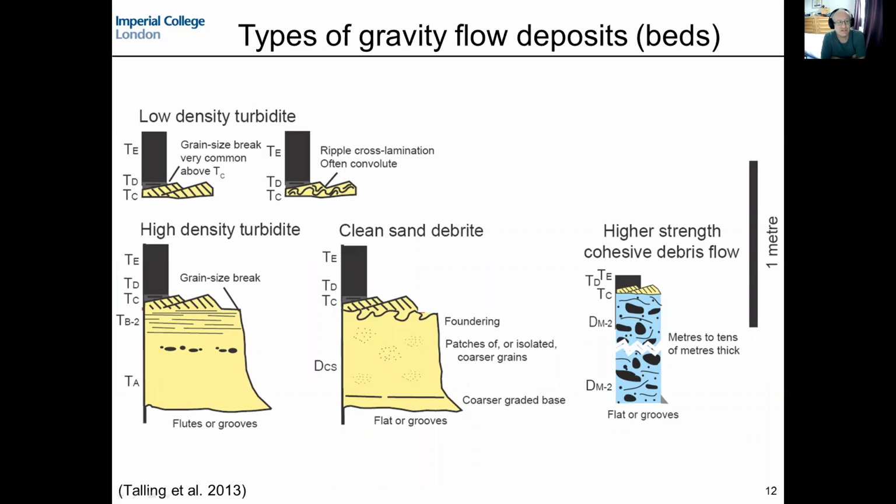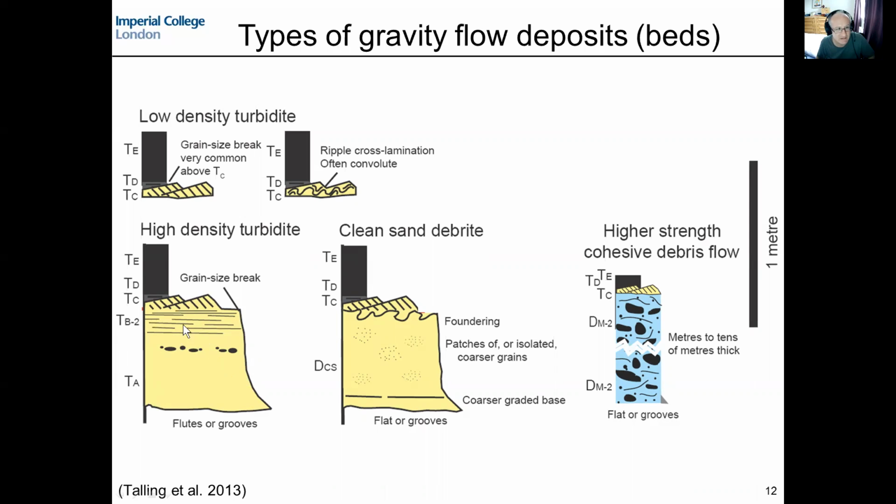Okay, so just to summarize some of that. I talked through the Bouma sequence already, but let me refer to it again. This bottom left would be a high density turbidite, which has all the different components of the Bouma sequence, a classical model we refer to for a turbidite bed. TA at the bottom represents structureless sandstone.